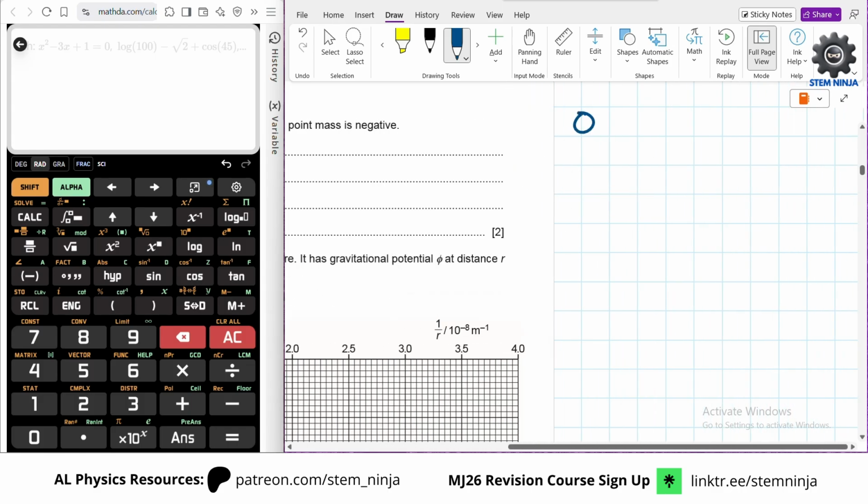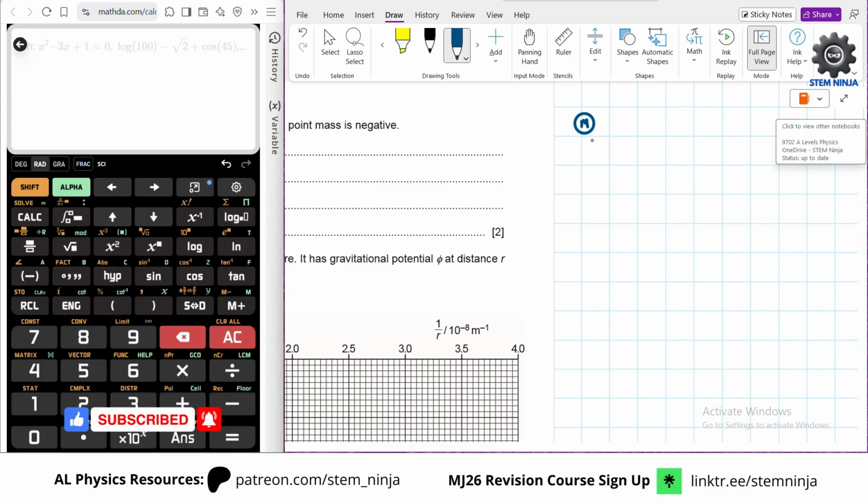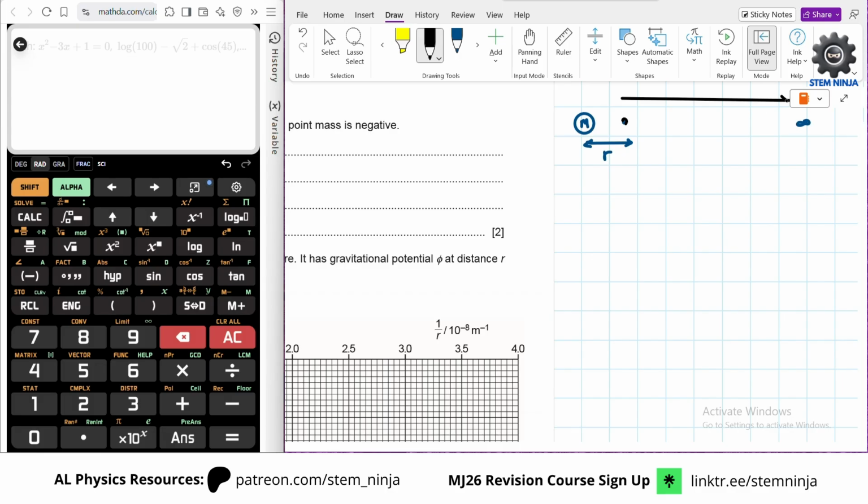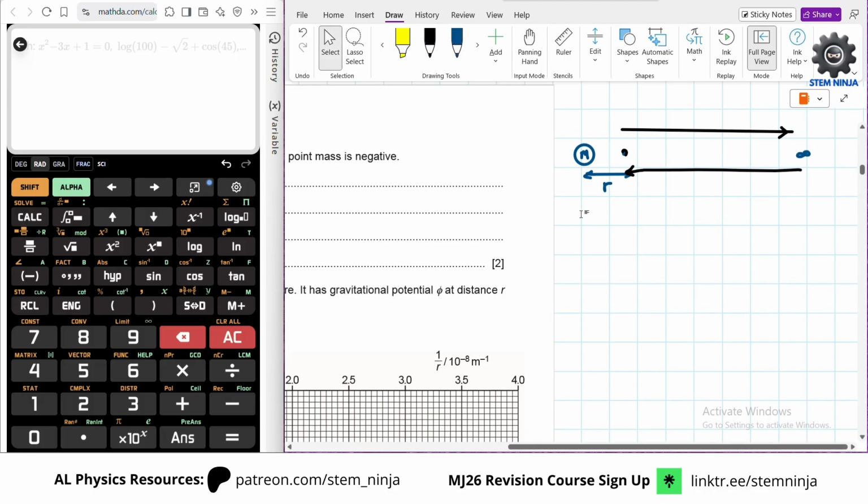So basically, for example, if this is the source of the field and we want to move a mass from infinity to some point away from the mass body, or move it from that point to infinity, either way there's a difference, because this direction is positive displacement and this is the negative displacement.